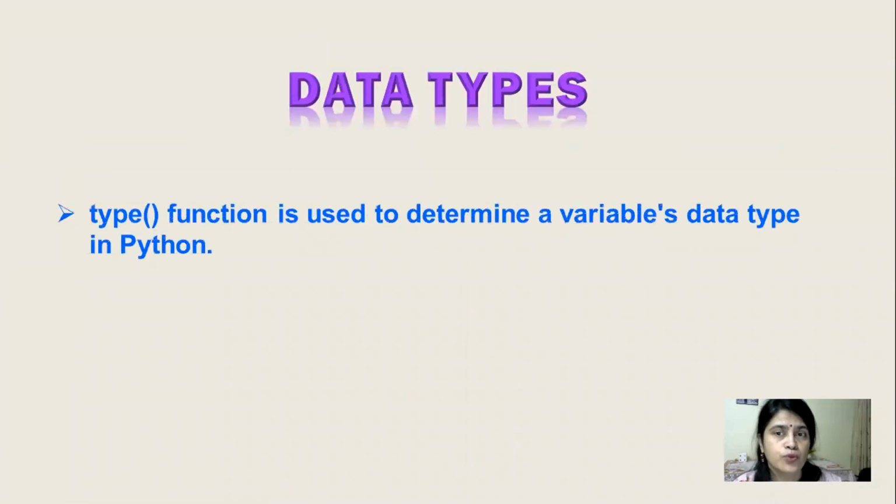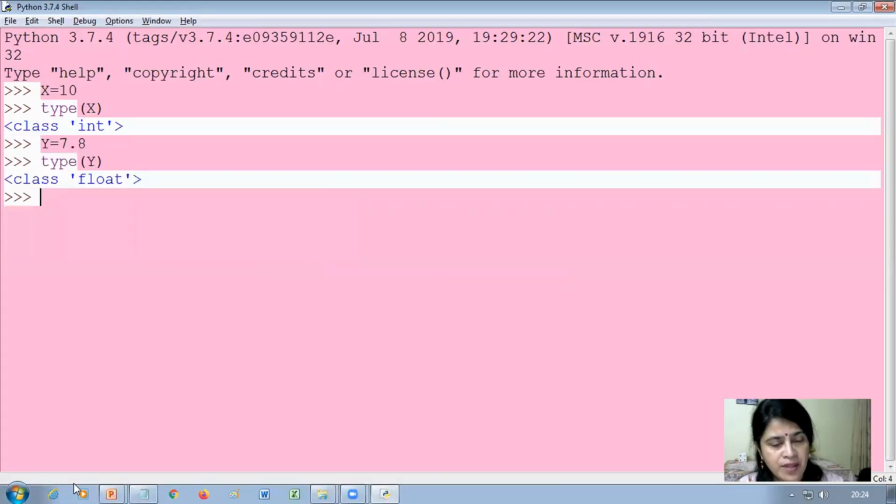The type function is used to determine a variable's data type in Python. We have just seen the example of integer and float type variables. I would also show you another type of data. For example, if we have str equal to hello, hello is not a number.